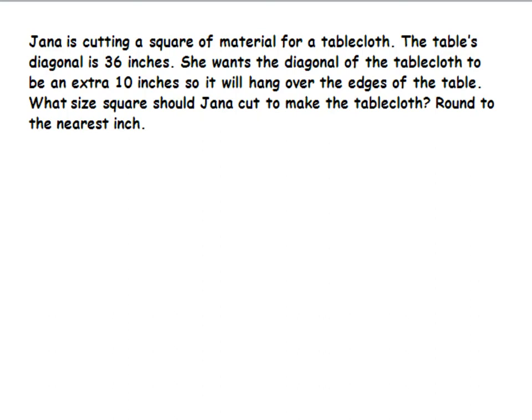Word problems are always fun. It says Jana is cutting a square of material for a tablecloth. The table's diagonal is 36 inches. So I'm going to draw that right away. I've got a square material for a tablecloth. The diagonal is going to be 36 inches. It says she wants the diagonal of the tablecloth to be an extra 10 inches so it'll hang over the edges of the table.